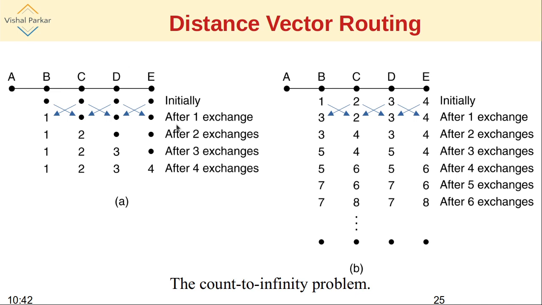So after one exchange, what happens? B has got the new entry to reach A as 1, but the exchanged information for C, D and E is still the previous knowledge, which is infinity. That's why the rest of the nodes will have the distance to A as infinity only.